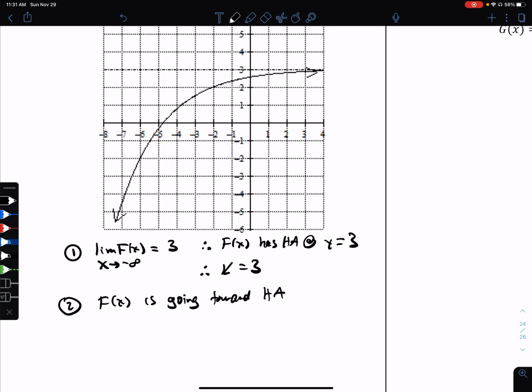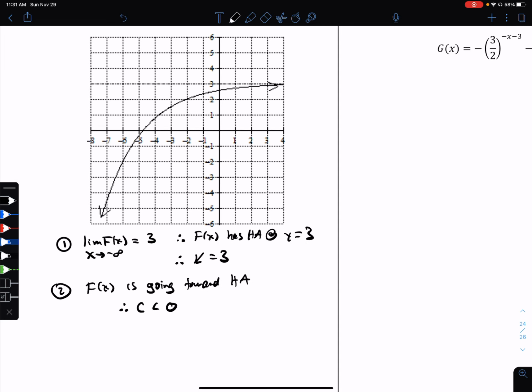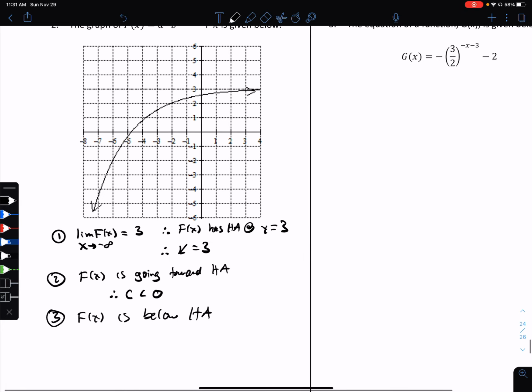That tells us that c is less than 0. It's negative. We could say that the graph of f of x is below the horizontal asymptote.